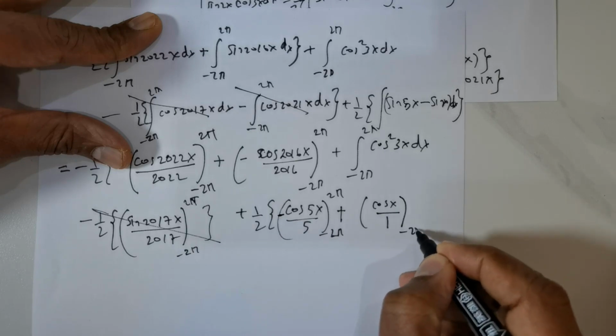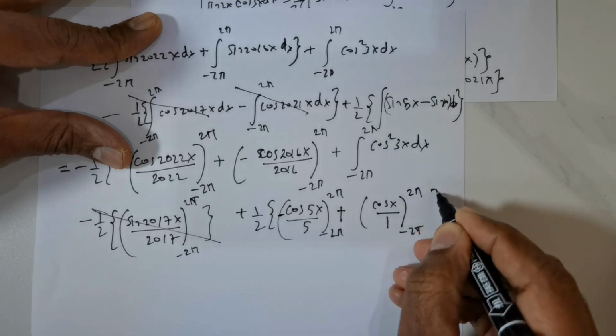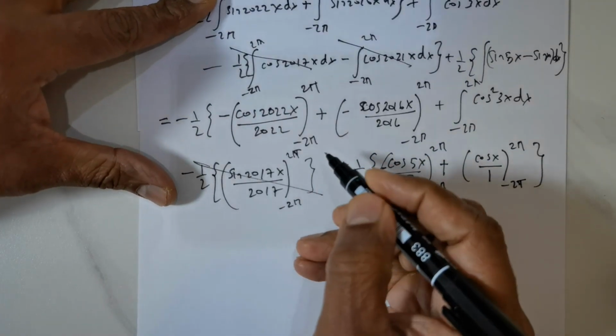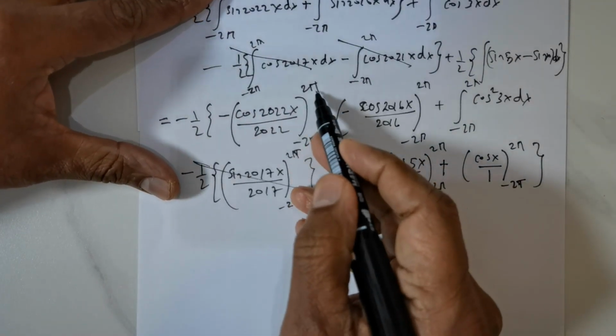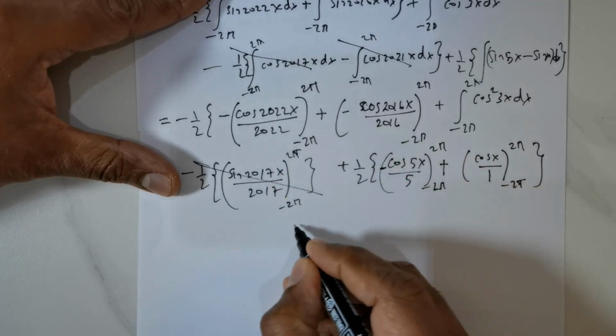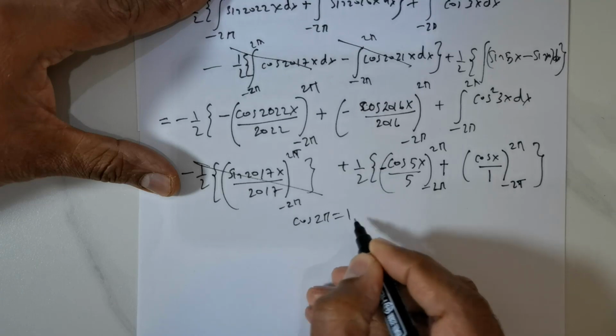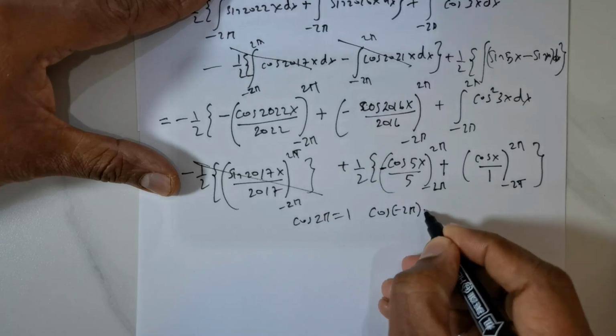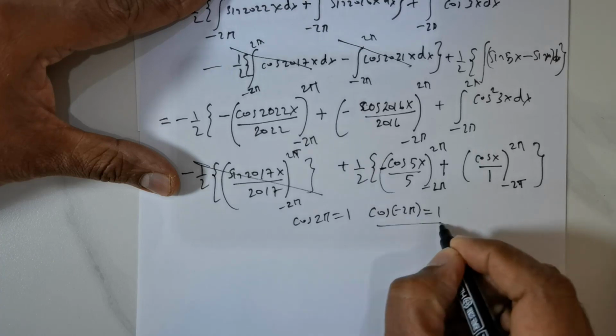The limits are negative 2 pi to 2 pi. Okay, so we need to substitute the limits. Cos of 2 pi will give me 1. Cos of 2 pi will give me 1. And the cos of negative 2 pi will also give me 1.